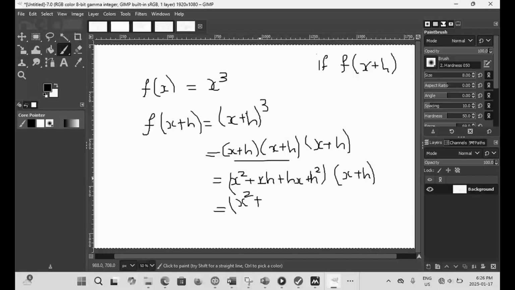If you sub in the values for x and h, you will get the same result, one multiplied by the other, the second number multiplied by the first. So this will be 2xh plus h squared into x plus h.